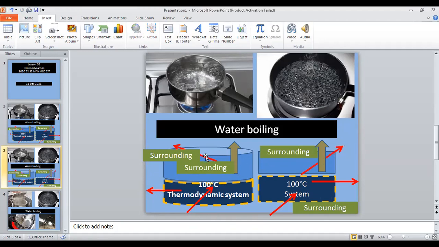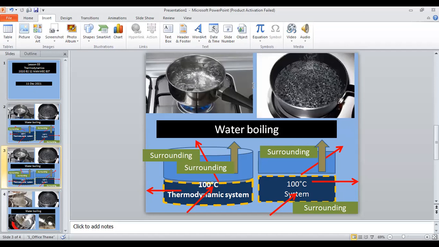Now the thing is, in this type of water body, you can see the boundary is also moving. Okay. The boundary is also moving.